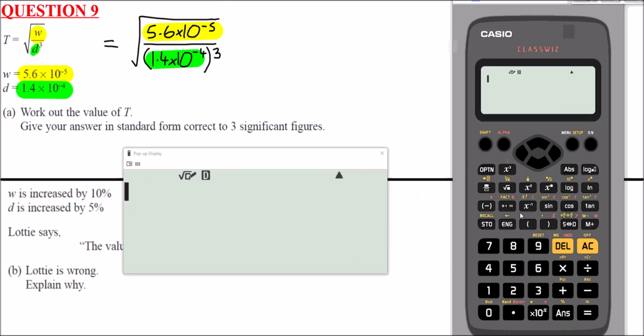There's 2 methods how to type in standard form on most modern calculators. I tend to do it the manual way.